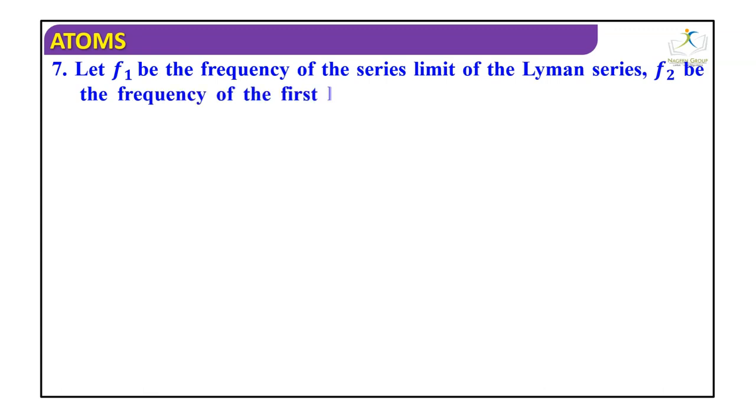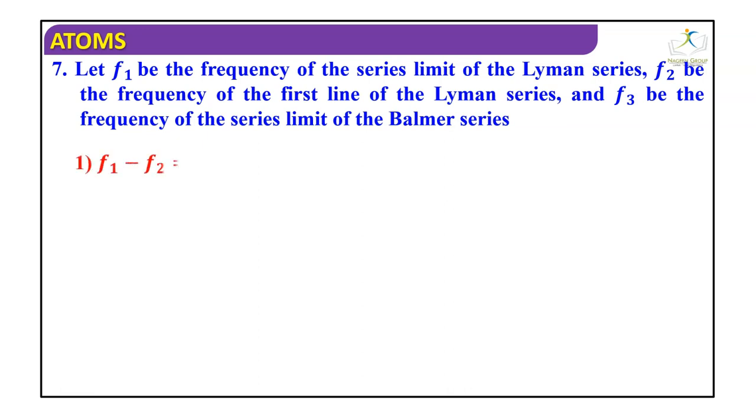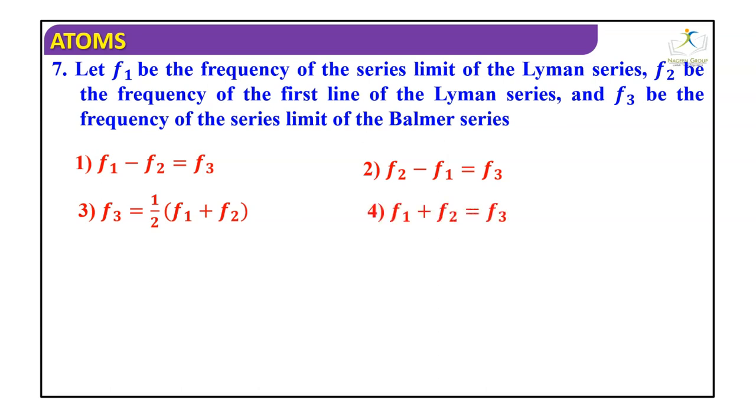Next question: let F1 be the frequency of the series limit of the Lyman series, F2 be the frequency of the first line of the Lyman series, and F3 be the frequency of the series limit of the Balmer series. So F1 minus F2 is equal to F3, F2 minus F1 is equal to F3, F3 is equal to half of F1 plus F2, and fourth, F1 plus F2 is equal to F3.